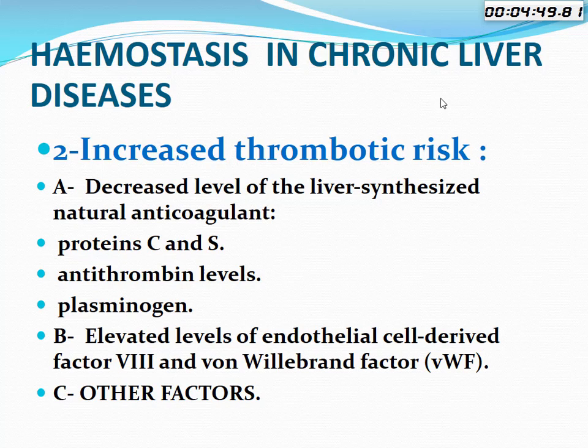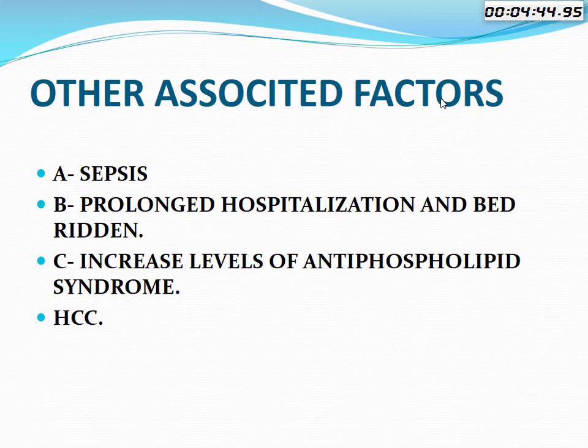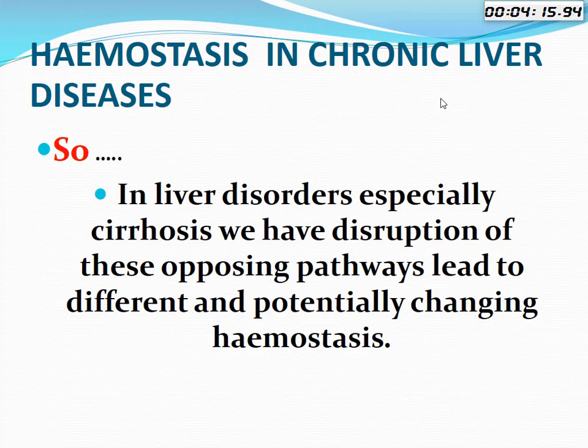All these factors make our cirrhotic patient liable to thrombosis. There are other factors which can help in the development of thrombosis: sepsis, prolonged hospitalization and being bedridden, increased levels of antiphospholipid antibodies like in patients with virus C, and the development of HCC. Another factor is the massive use of diuretics, which predisposes the patient to a hypercoagulable state.